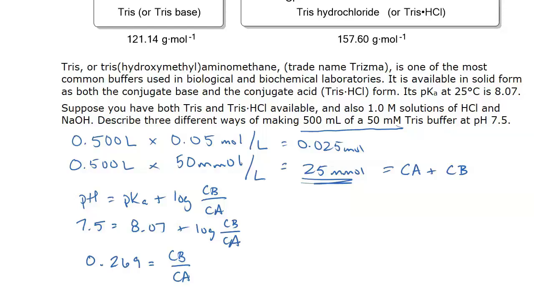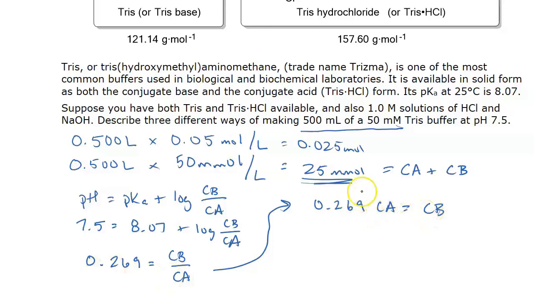You've got an equation that sums the conjugate acid and conjugate base to get 25, and you've got a ratio that is 0.269. So now you can solve those. So let's go ahead and do that. I'm going to move this right up here and say that 0.269 times the conjugate acid equals the conjugate base, which I got by multiplying both sides by Ca.